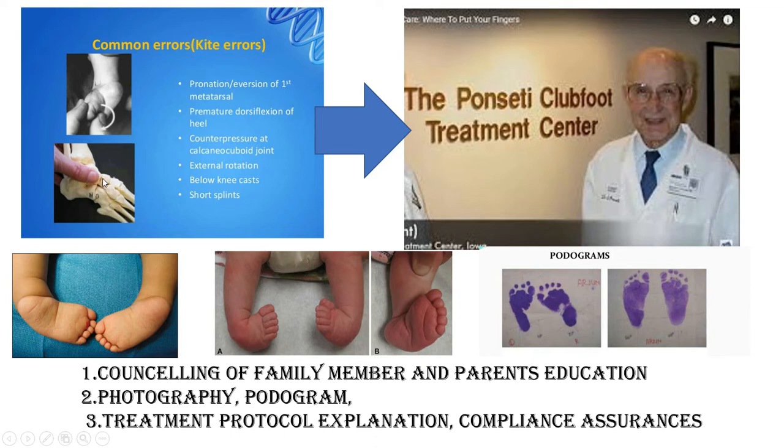So first reduce the talar head, then reduce the first metatarsal drop, then go for abduction. Again I repeat, first reduce the talar head, then reduce or elevate the first metatarsal drop, then from the second plaster you will do the correction of the abduction.